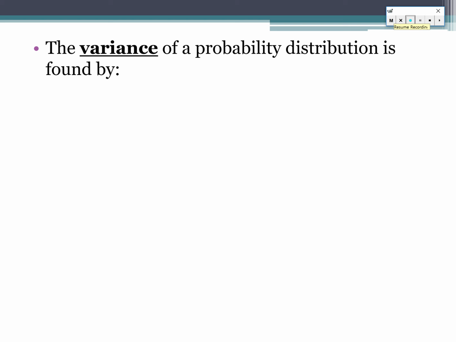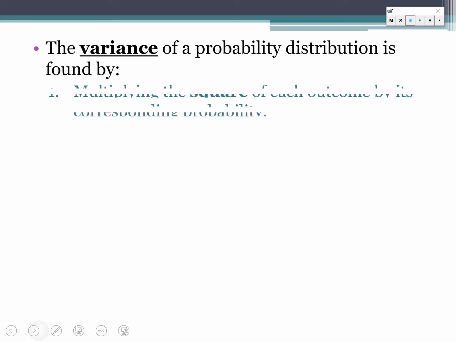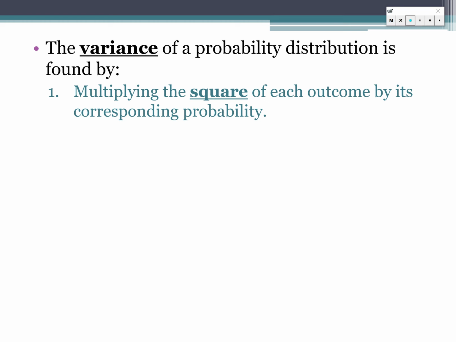So if we're able to find our mean, the variance isn't much more difficult, to be very honest. The variance, remember, for our data set was always the average squared distance each value was from the mean. So when we deal with variance, we know we're going to be squaring something along the way. And in this case, you're squaring each outcome.